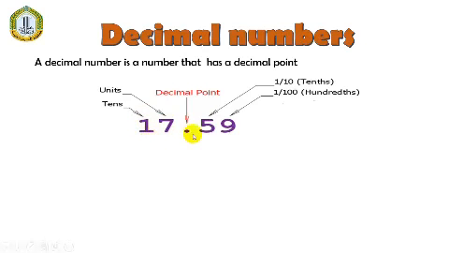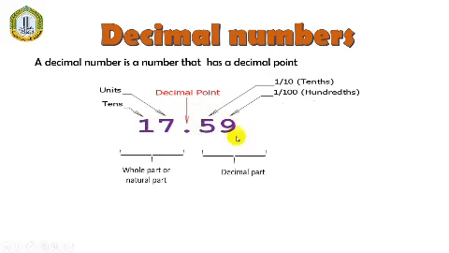To the right side of the decimal point, we start with the tenths digit, and then the hundredths digit. This is called the whole part or natural part, and to the right side is the decimal part.